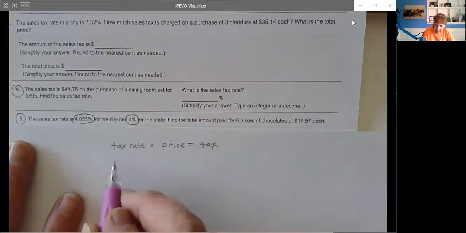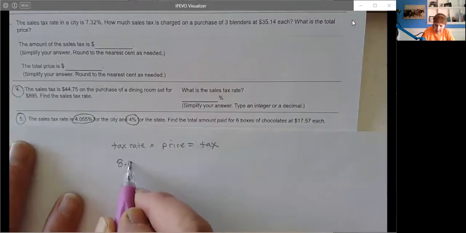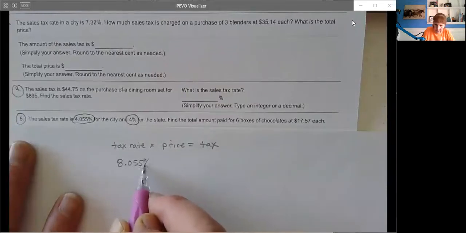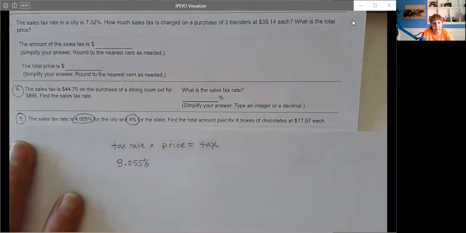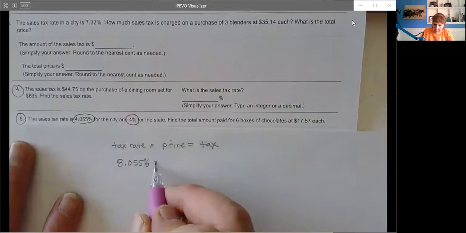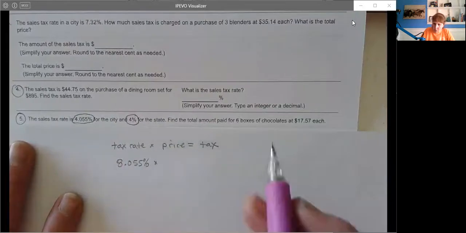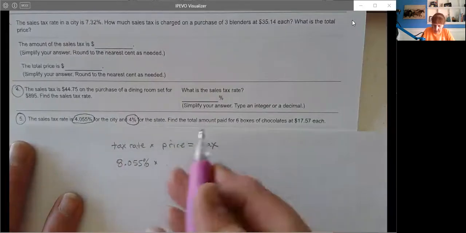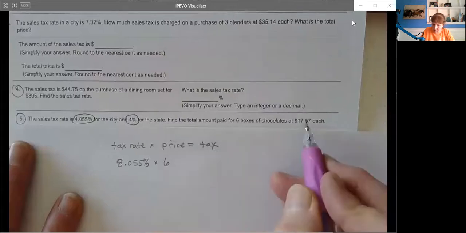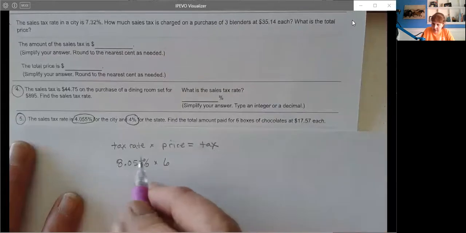Well, the tax rate is 8.055%. So I added those two together. That's the total amount of tax you're going to be paying, times the price of the object, where you're buying 6 boxes and they're each $17.57.